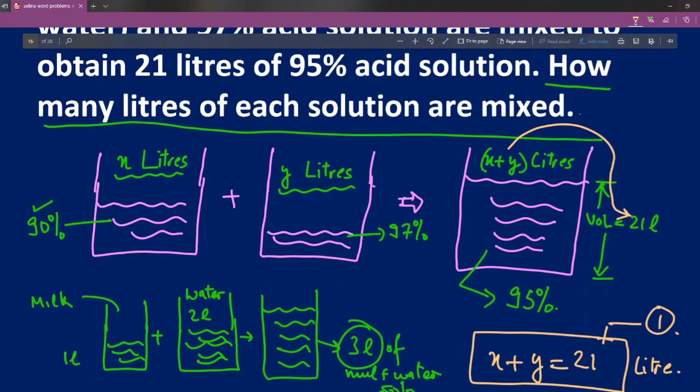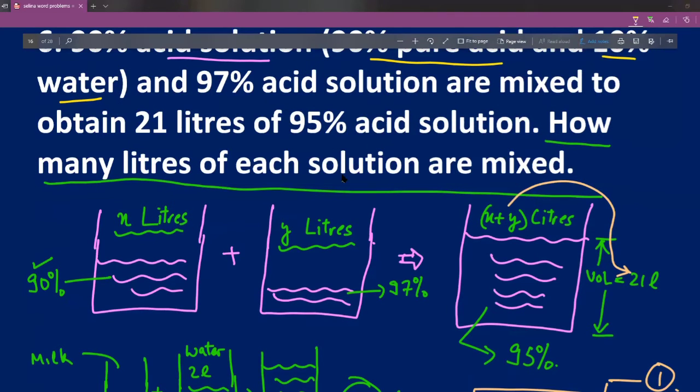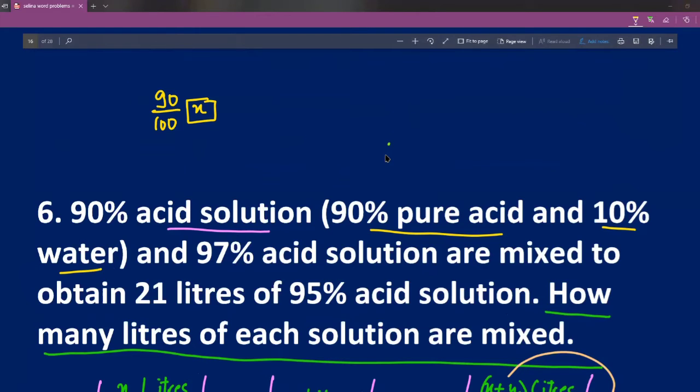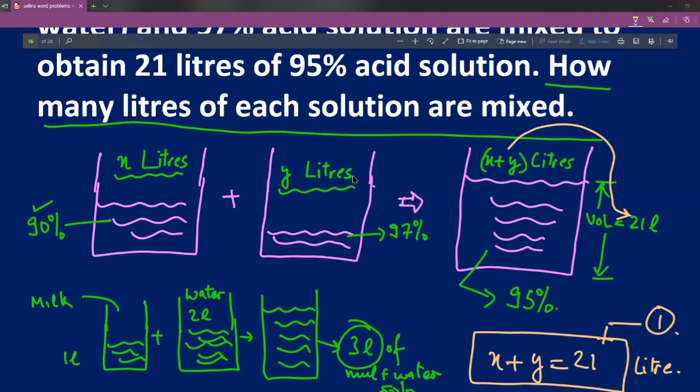So the equation that I'll form here is 90% of X. What is X? X is the volume of solution in this beaker, plus 97% of Y. What is Y? Y is my solution in this beaker.